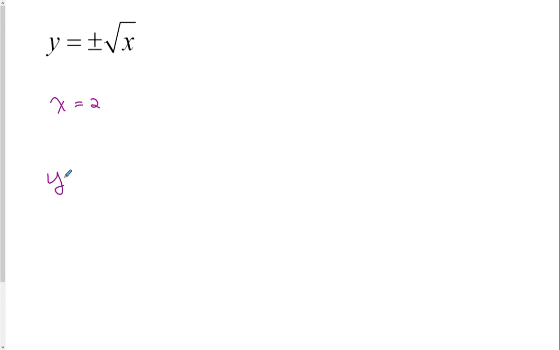Well, y could be either positive root 2, or y could be negative root 2, as we sub in for 2. The plus or minus tells us we have to account for both of those. So because there's two possible outputs for each input, two possible y values for each x value, it's not a function.